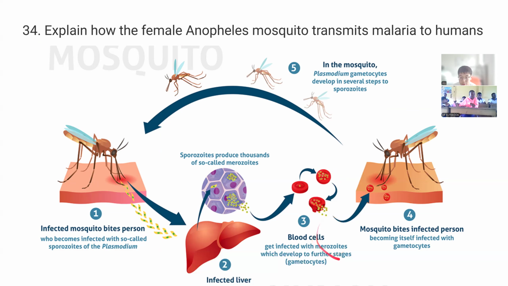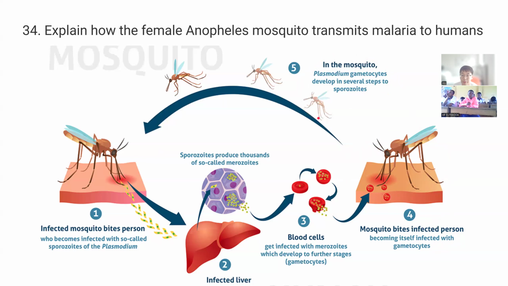And this develops into further stages of the merozoites. So it becomes from the merozoites to the gametocytes. These gametocytes are just gametes, which can combine to form a new sporozoite. So when a mosquito bites an infected person this time, the mosquito itself becomes infected.